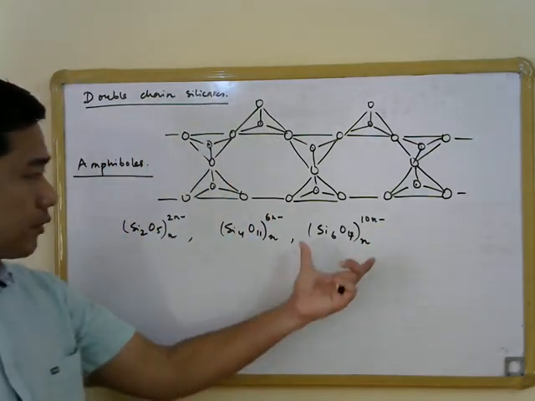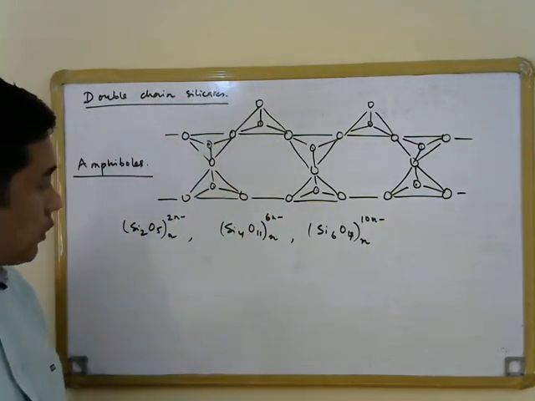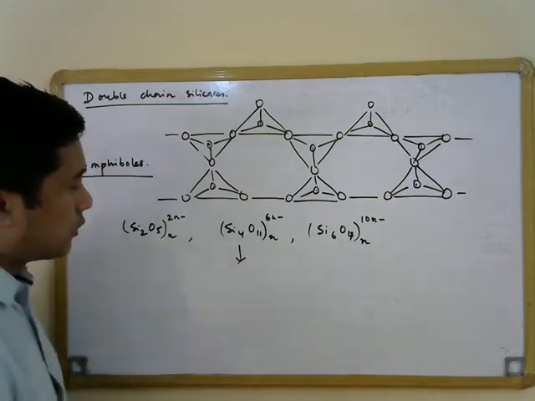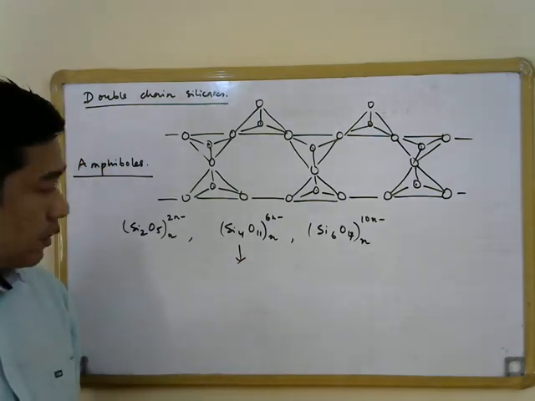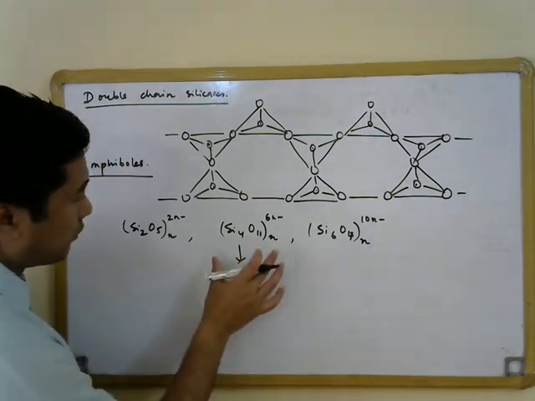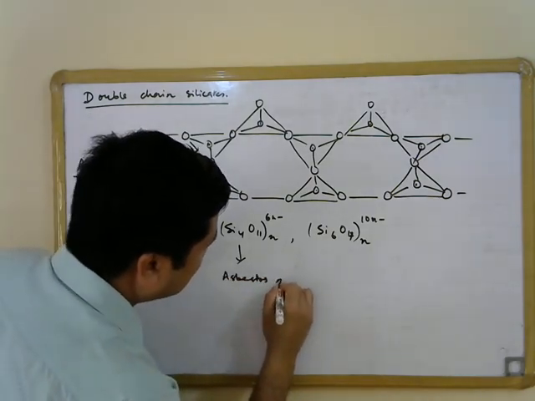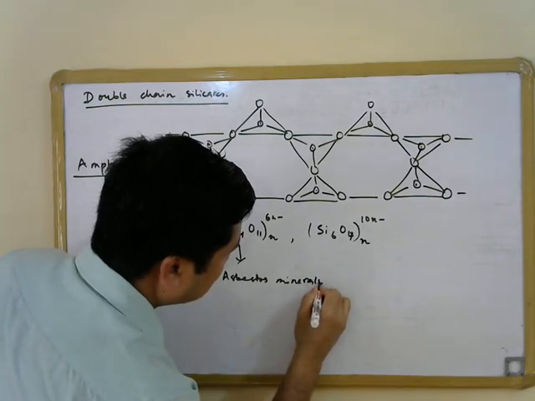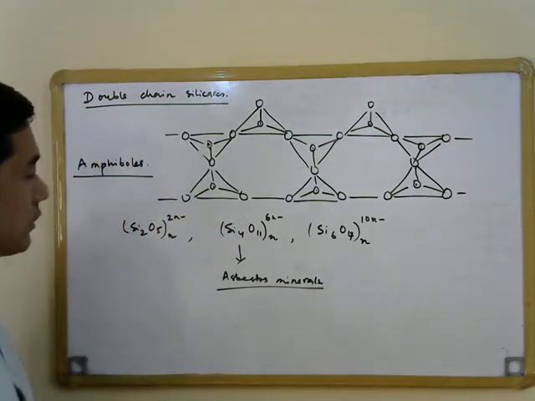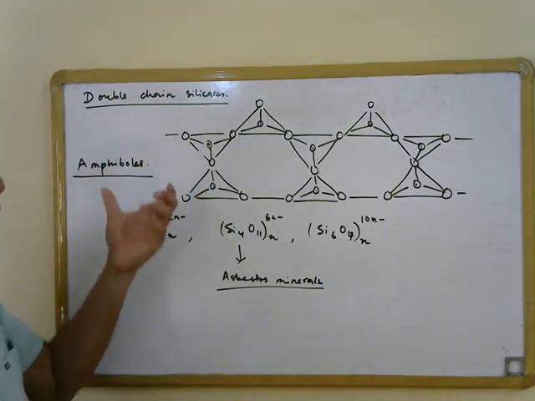So with this formulation they are also quite common. This particular chain composition, these minerals are known as asbestos minerals. So what we have seen is that asbestos is a double chain silicate.